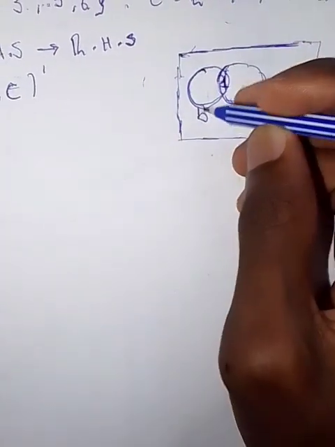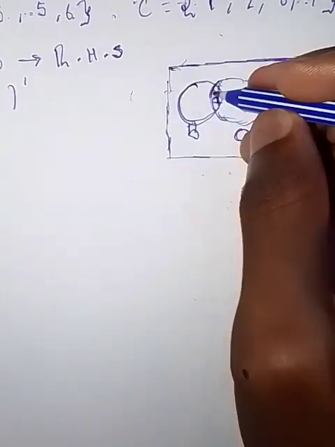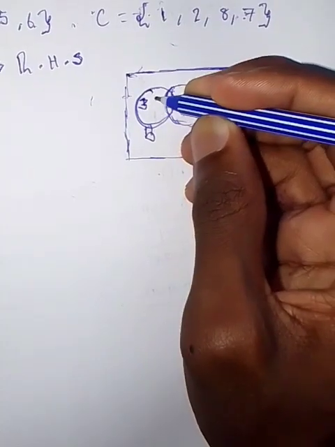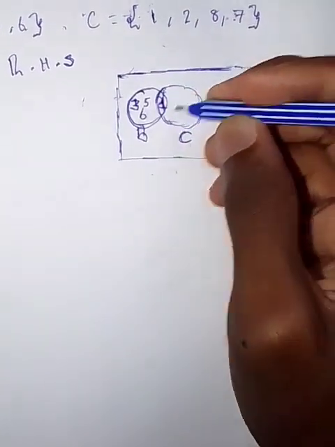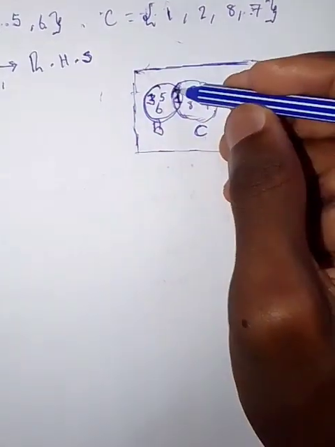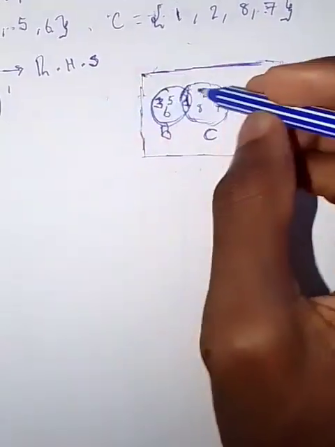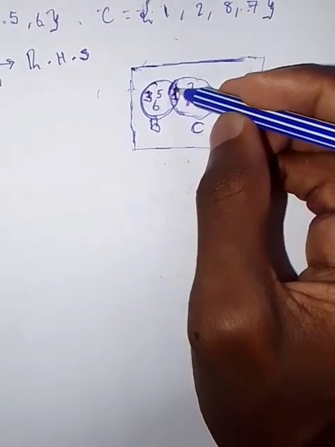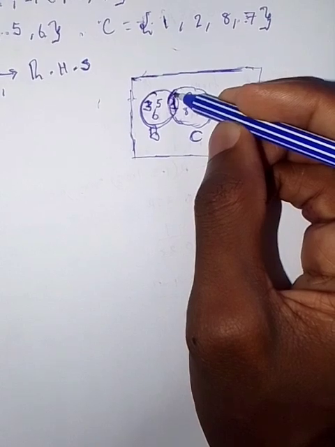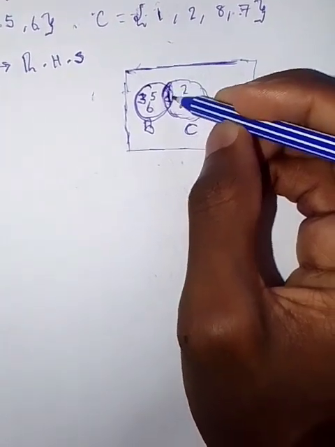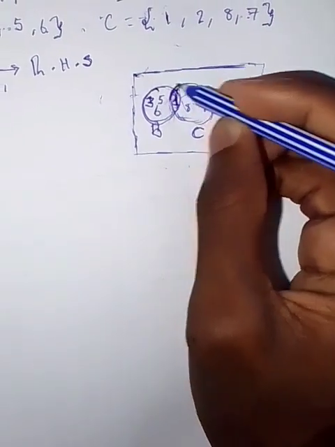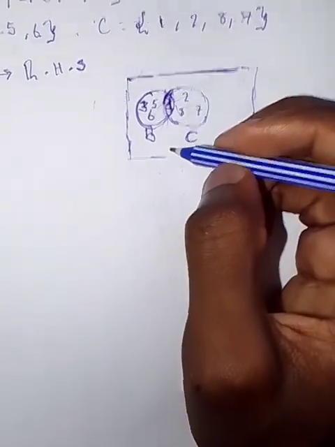Let's say this is B and this is C. Now let's say we have 3, 5, 6, and we have 2, 8, 7. What is between B and C that is found in both? It is here. Now they want you to find what is not in this set, meaning whatever is outside is what they are looking for. So what would that be?